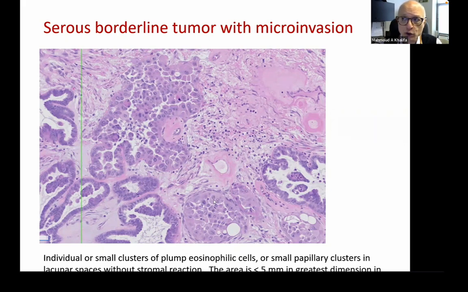They have prominent nucleoli, but the N/C ratio is low. So you have cells here with lower N/C ratio, plump cells, pink with prominent nucleoli. That is a criterion for invasion. So now we moved from just borderline tumor to a borderline tumor with micro-invasive carcinoma.